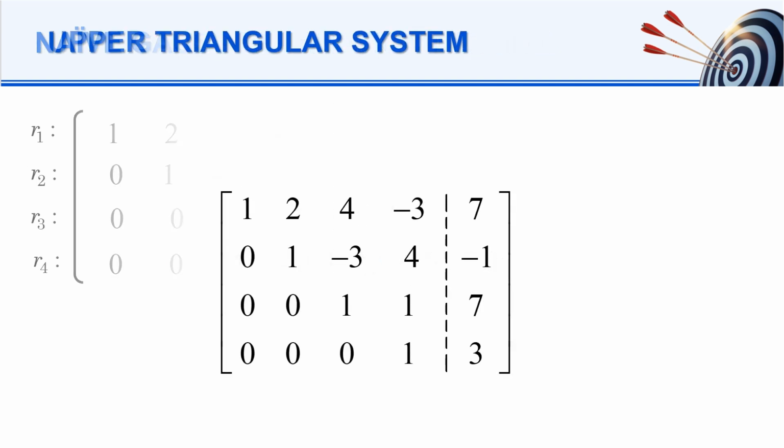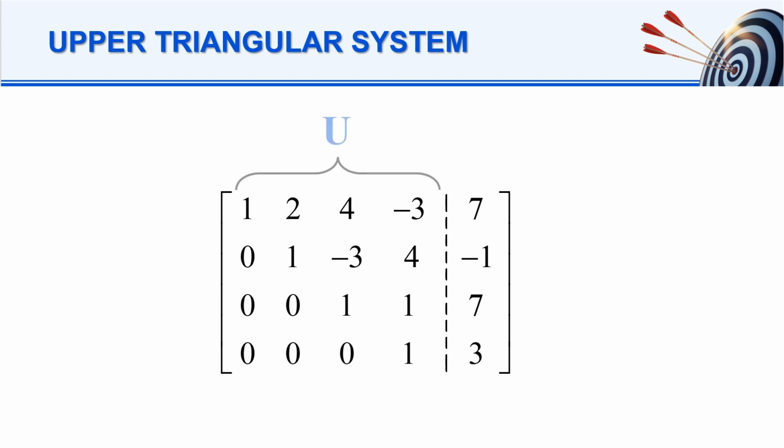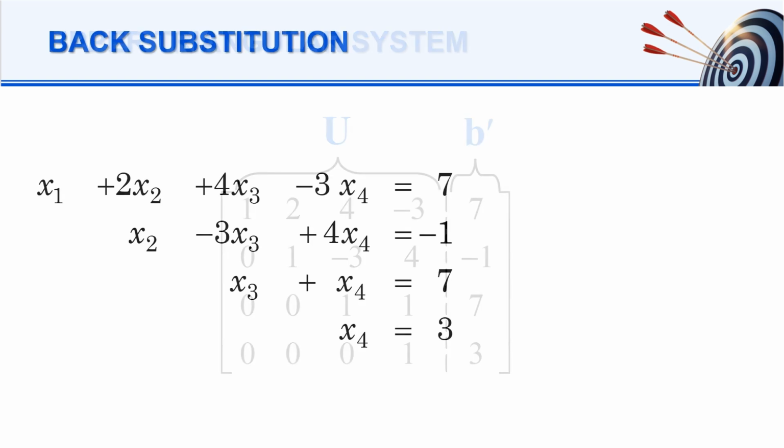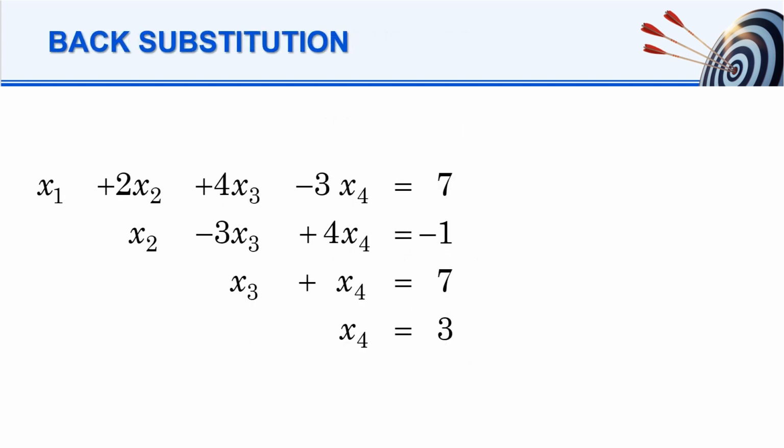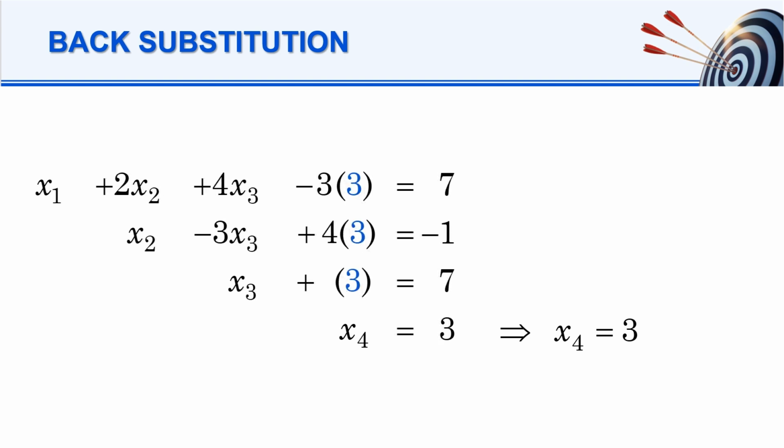The result is an upper triangular system of linear equations in augmented matrix form. The last equation contains only one variable, x4, whose solution is evident. x4 is 3. This solution is applied to the rest of the equations. The third equation now is an equation with x3 as the only unknown.